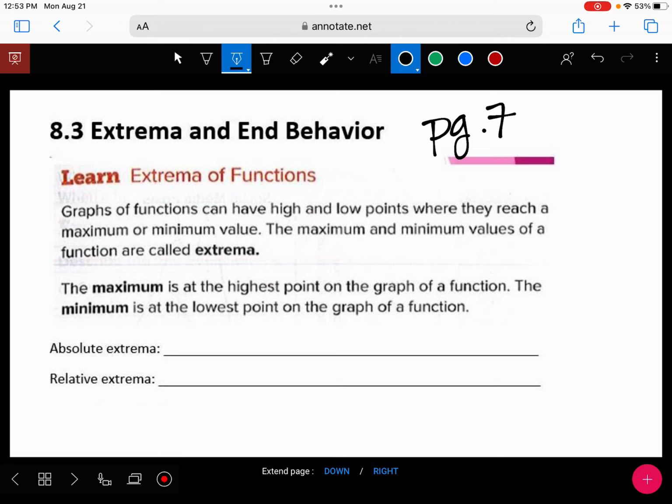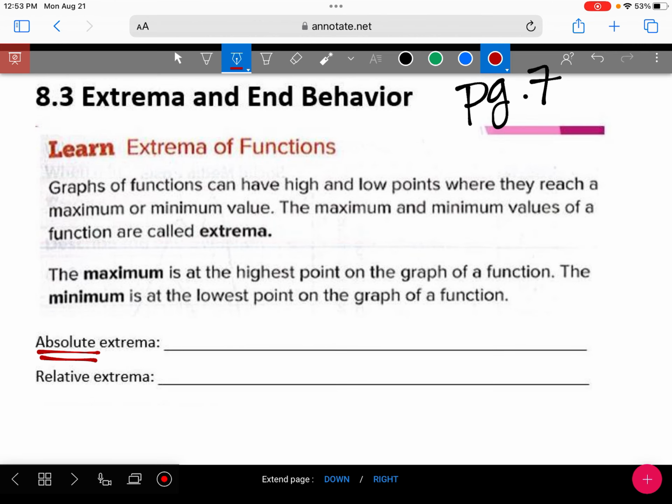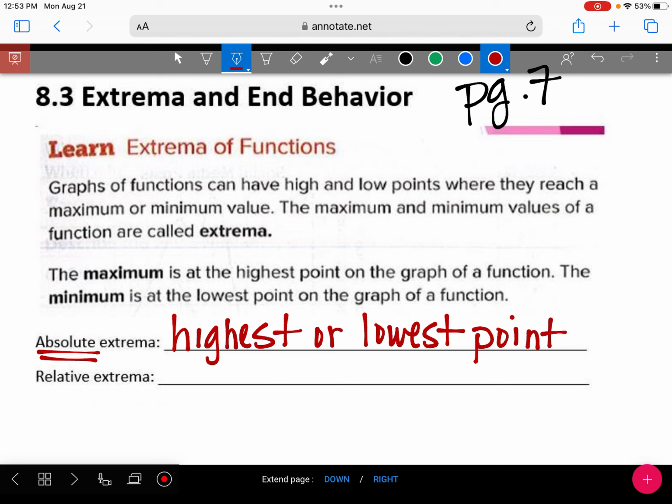So for the absolute extrema, when you think of absolute, I want you to think of it's the highest or lowest point. But a relative extrema, I like to think of it as hilltops and valleys.